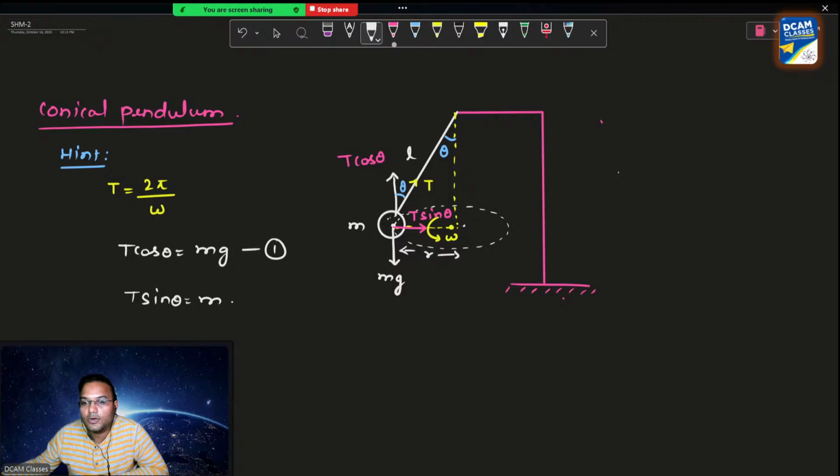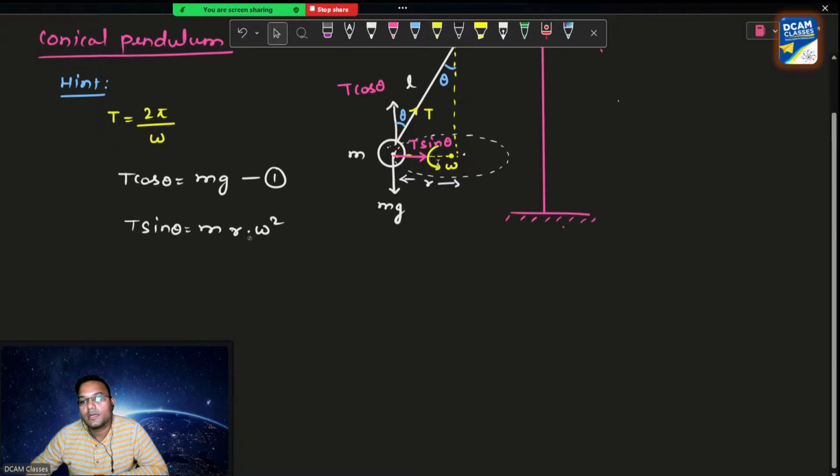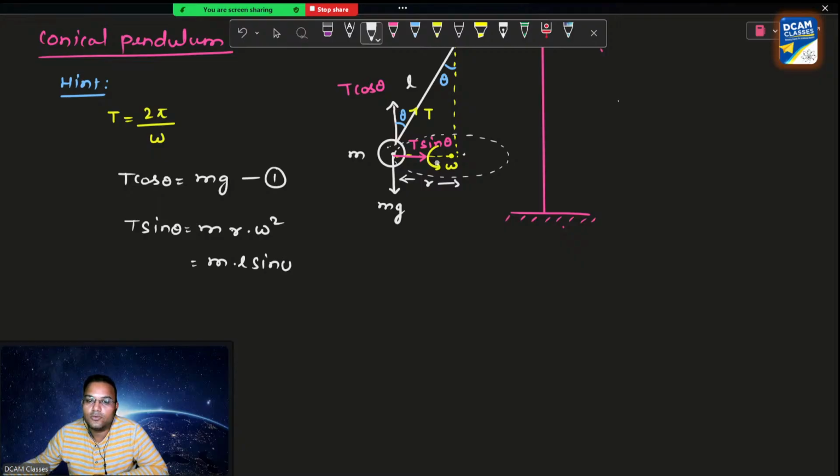I do not know what r is, but I can find it because r will be L sin theta. R by L is sin theta. So T sin theta equals m L sin theta omega square.